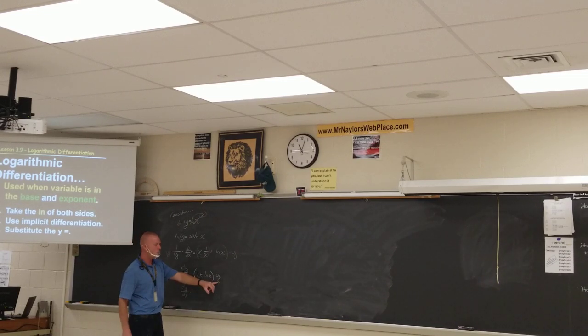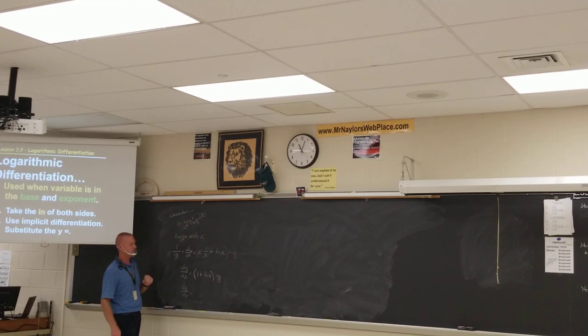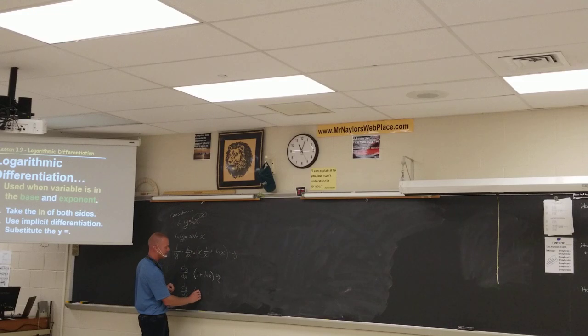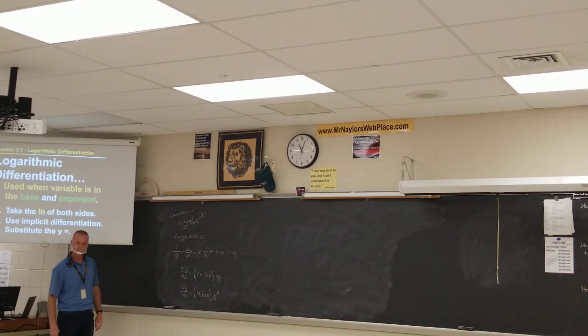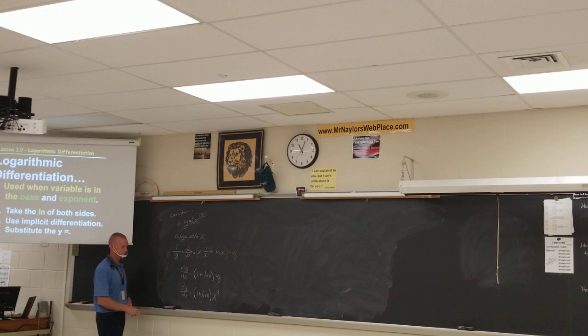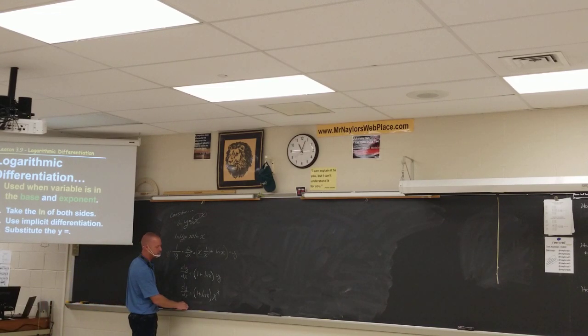We're just going to write down what y equals. That was the original problem. It equals x to the x. So again, we're going to substitute x to the x for that y. Now we have a better answer, because it's in terms of x.